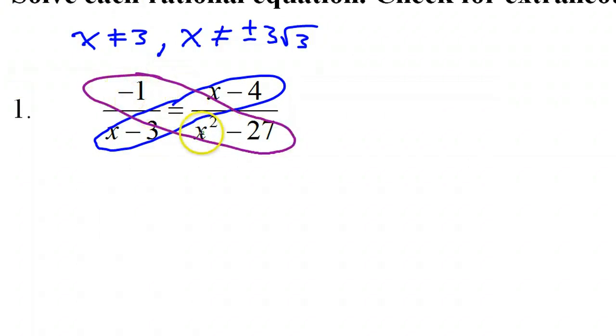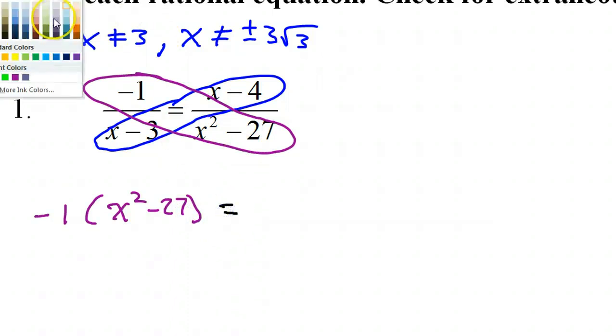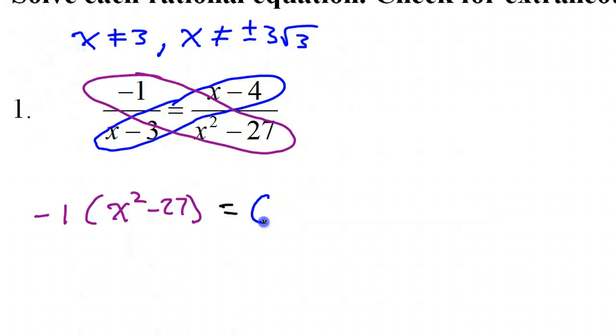Let me just set it up first. So we're doing negative 1 times x squared minus 27 on the one hand, and we're setting that equal to x minus 3 times x minus 4.